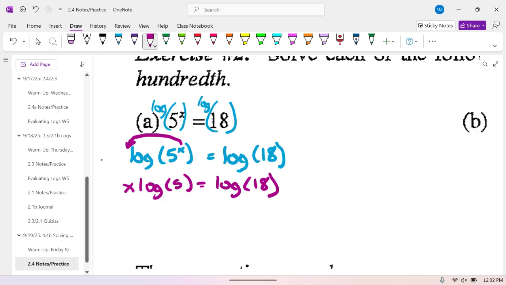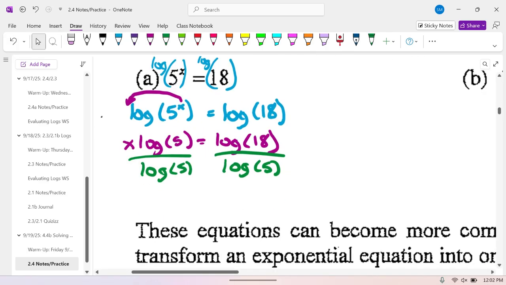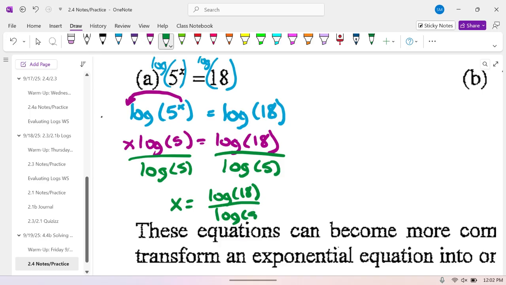And then what would my last step be? Right, divide both sides by the log of 5. So my exact answer would be x is equal to the log of 18 over the log of 5.